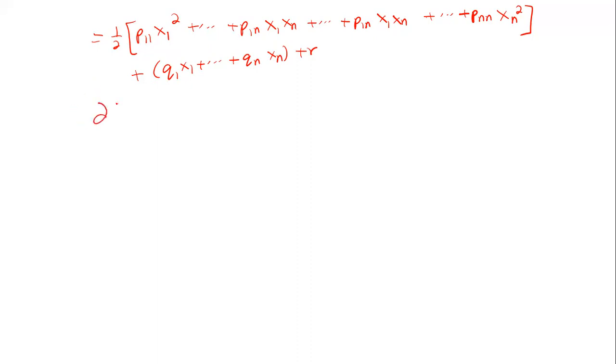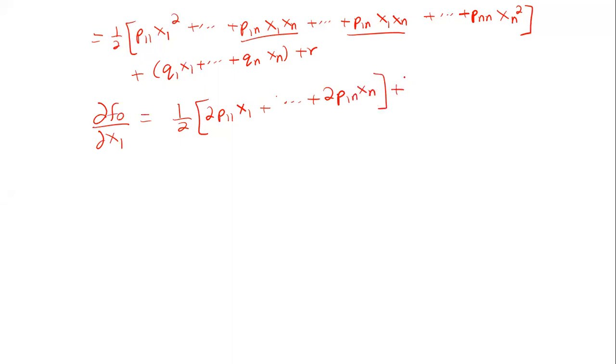But now we need to take the derivative of this. So you would take the derivative with respect to every one of the decision variables. Let's just take it with respect to the first one, and you could take it with more to see the pattern. You will see that this one will get to be like this, and these other ones that are the same as each other will sum together. So you'll also get ones like plus 2 p1n xn type things. And then only this term will survive when I take the derivative with respect to x1.